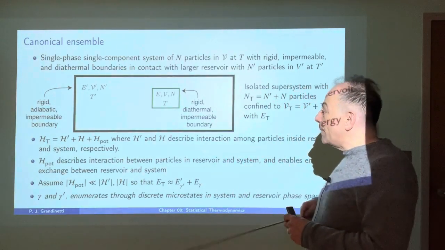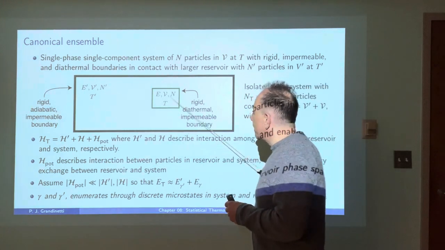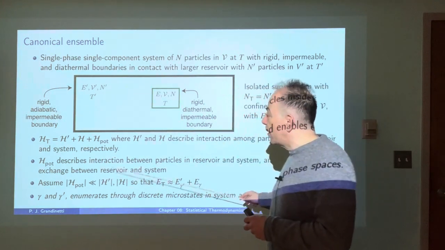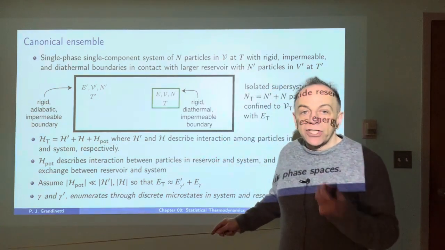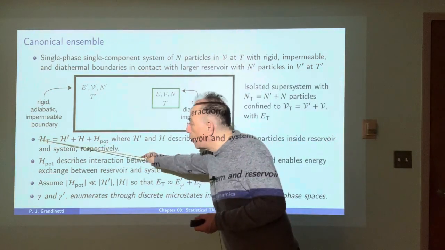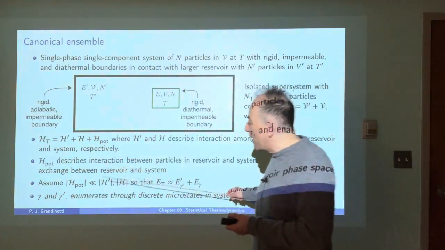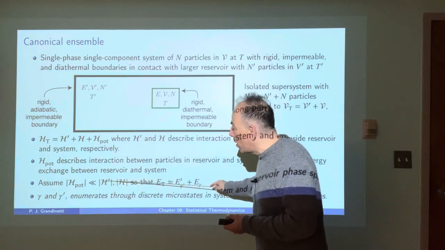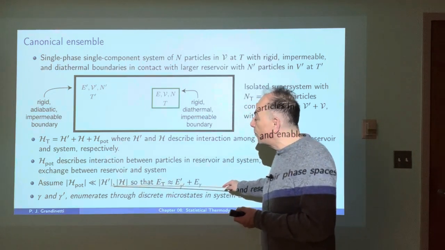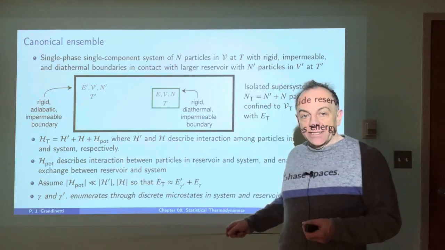But the important thing to keep in mind is that the system is very large and the surroundings is very large, and the size of this interaction is actually a very small contribution to the total Hamiltonian. In fact, the potential energy of interaction is very small compared to the Hamiltonian of the reservoir or the Hamiltonian of the system.